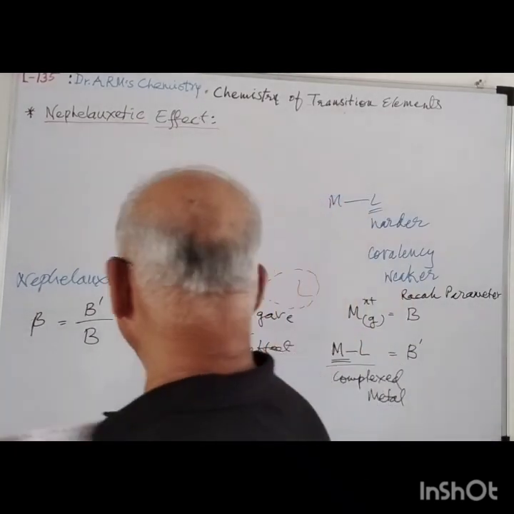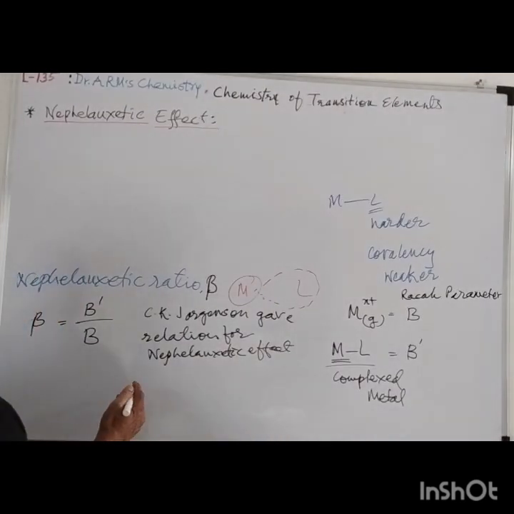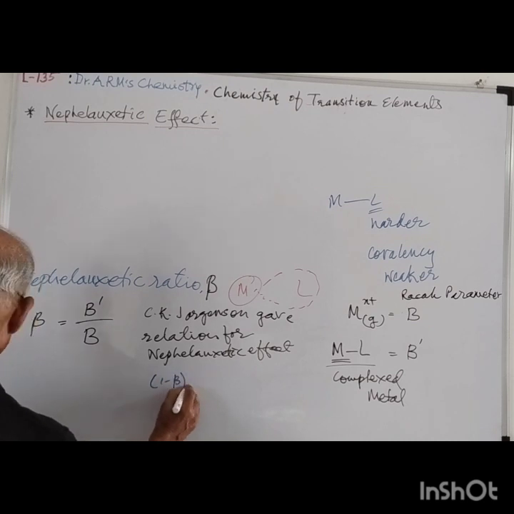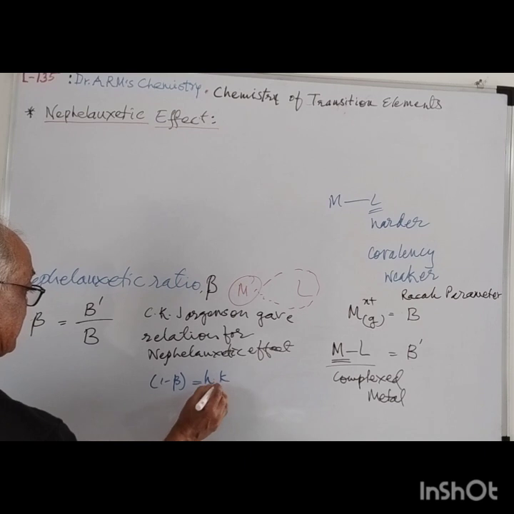So here the relation is that 1 minus beta is equal to H into K.